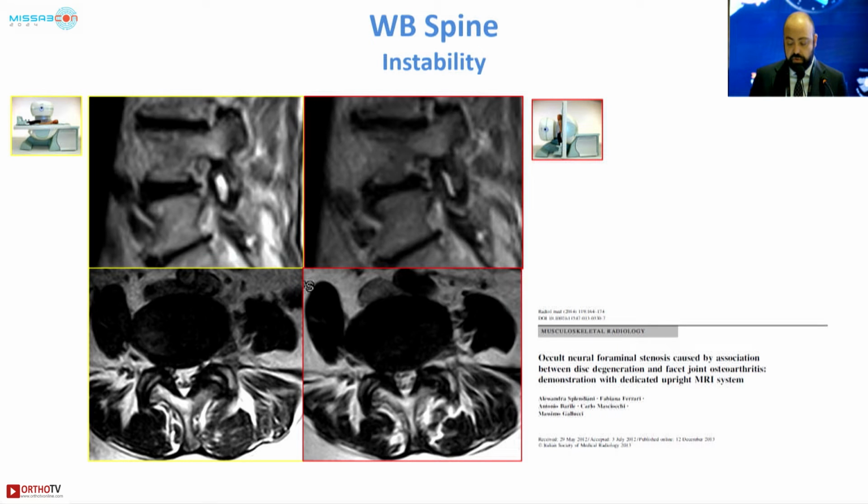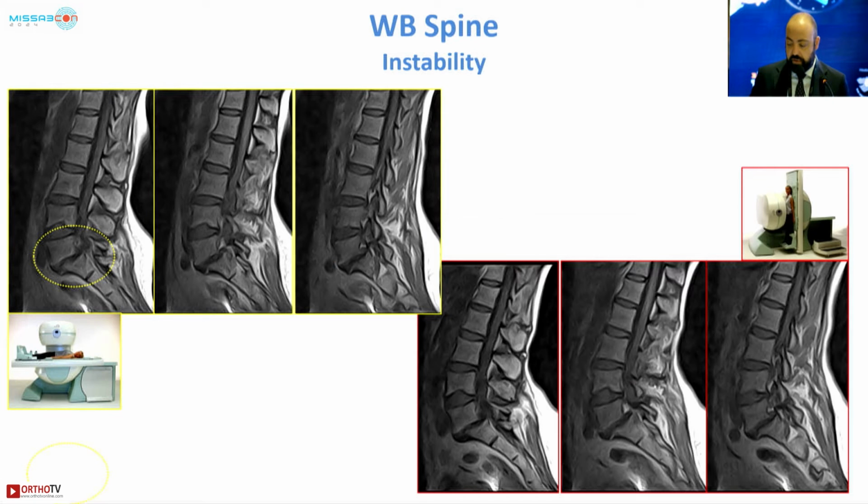And this is also another case with stenosis of the neural foramen. This is a striking case with a dramatic increase in the anterolisthesis of the L5-S1 space under load.